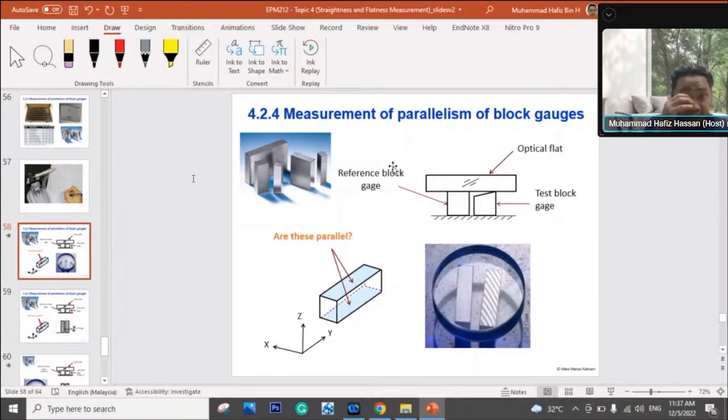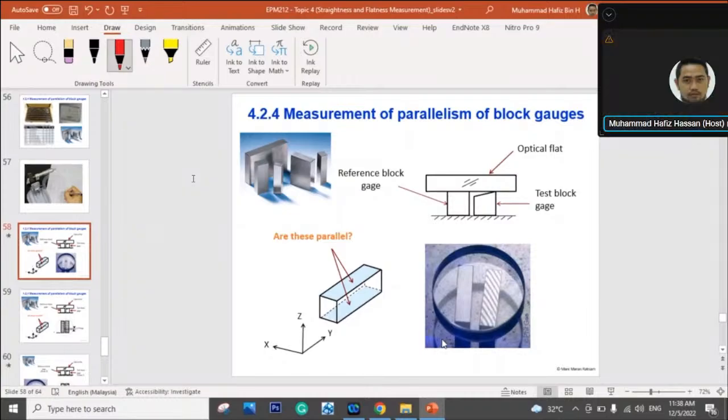They have a reference block gauge and the test block gauge. And then we put the optical flats on top. From the optical flat we can see they have a difference in terms of the fringe patterns. The fringe pattern at the left side here is the reference block, which is a perfect one.